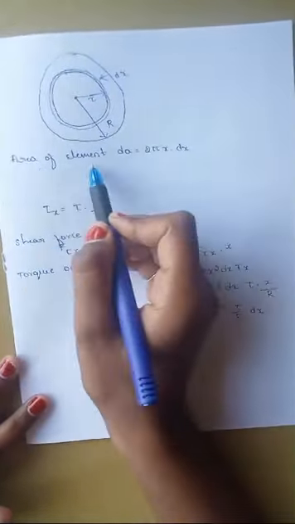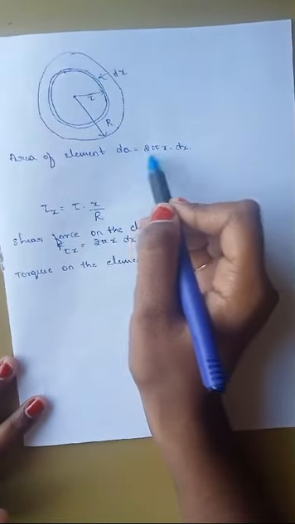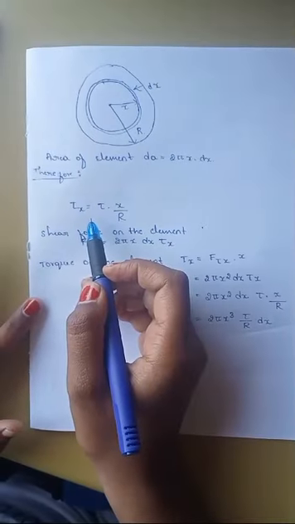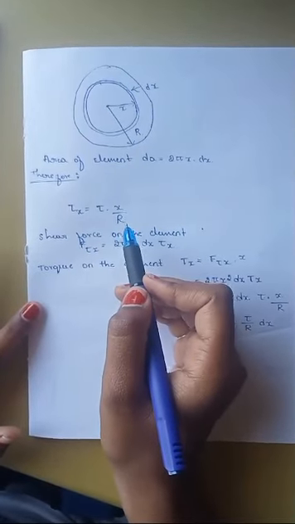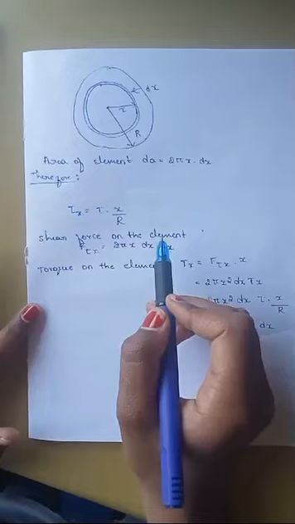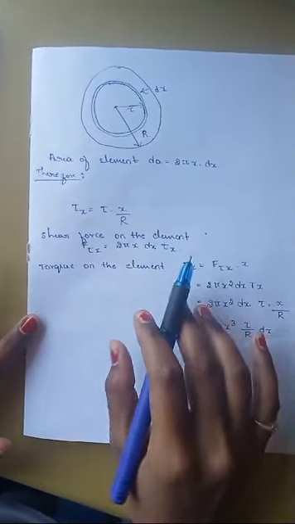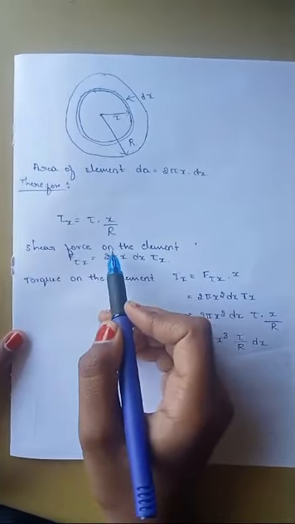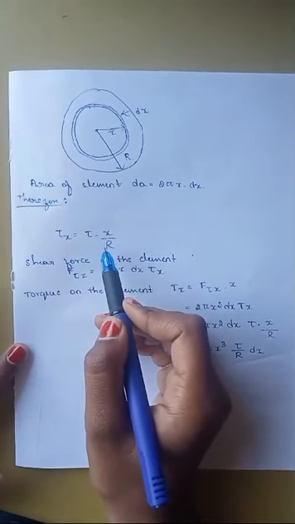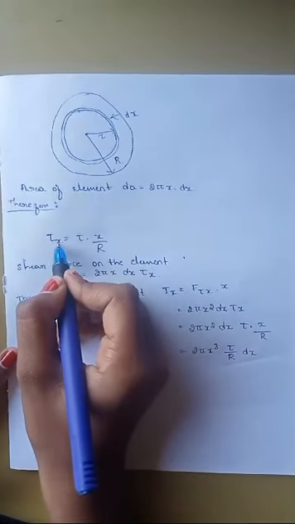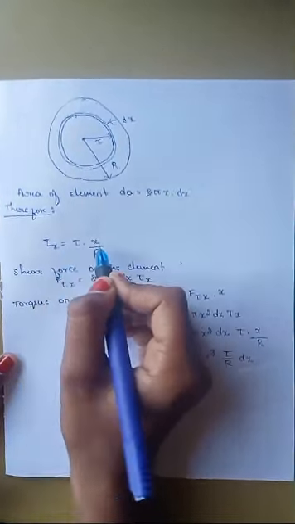The area of the element is dA equals 2 pi x dx. There is a linear relationship between the radial distance from the center of the section and the shear stress at that point. Therefore, the shear stress tau x in the element, in terms of the maximum shear stress tau on the surface, is given by tau x equals tau times x by r.